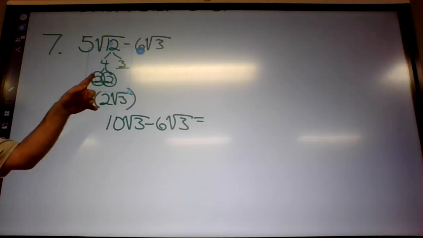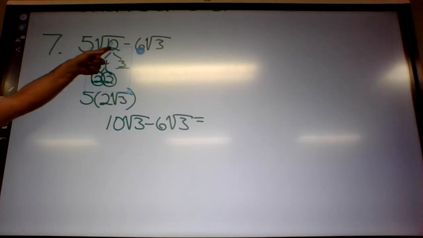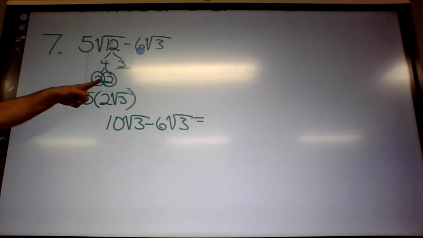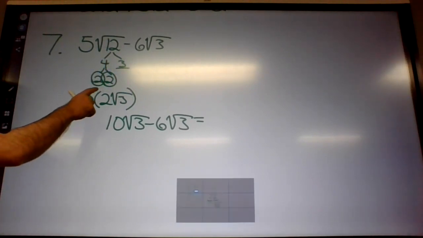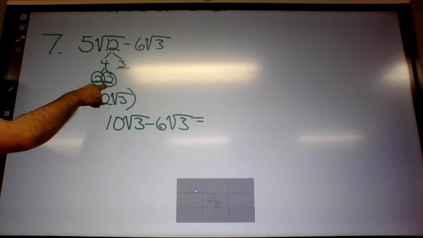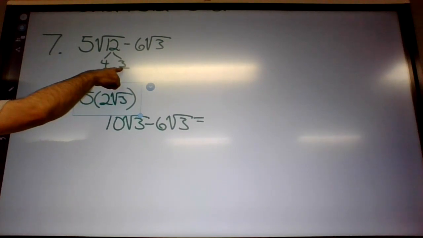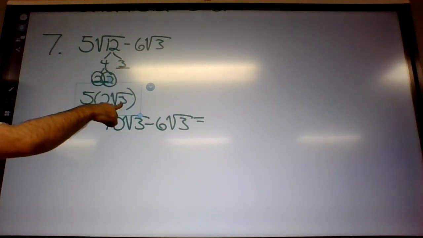You've never done this? Okay, so you just keep what goes into 12, 4 times 3. What goes into 4? 2 and 2. Okay, so if there is a double, it comes out. If there is whatever else left over, it stays inside.